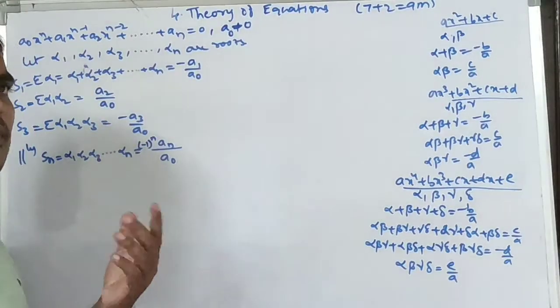If it is a monic polynomial, monic means the highest power coefficient should be 1.